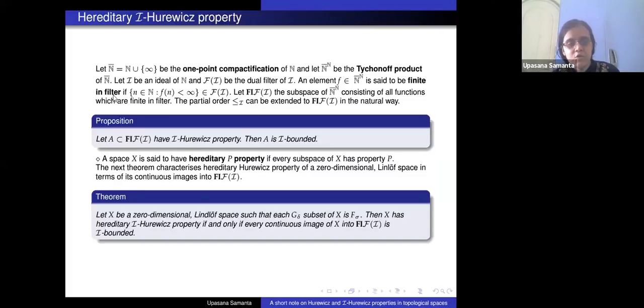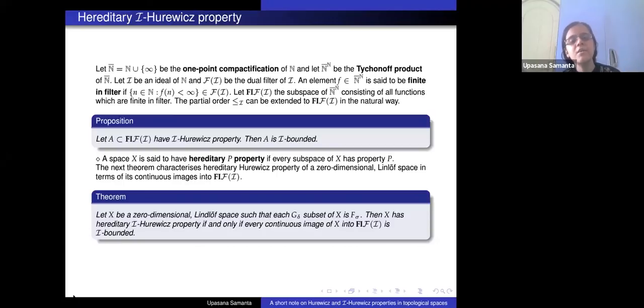But for doing so, here we do something. We take the one-point compactification of N, and we then take the Tychonoff product. If I is an ideal on N, and if we take the dual filter, so what is the dual filter? If we take an ideal which is admissible, proper and of course non-trivial, and we take complements of the elements of I, then what we get is a filter.